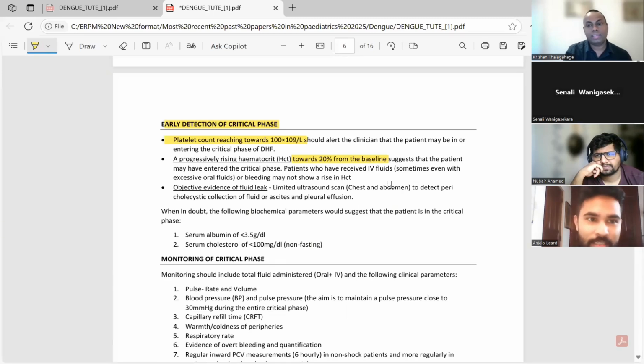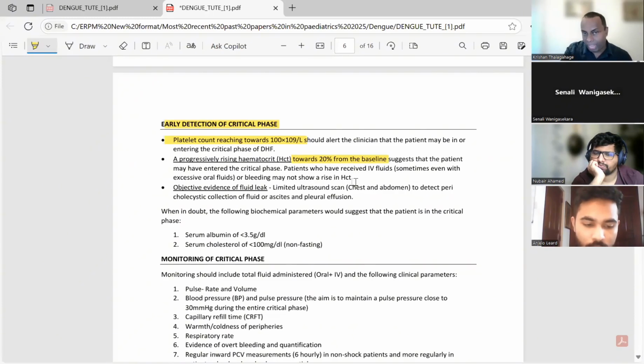So 35 plus 7 is 42. In the exam paper, if you see a hematocrit value more than 42%, that means the child is leaking. Was that understood? So this is how you look for features of leakage.